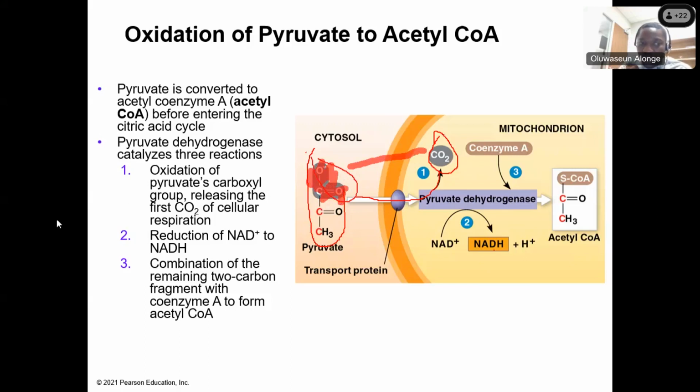Now, what is going to happen to this? This is what the citric acid cycle can contain. It can only contain a 2-carbon compound, not a big pyruvate. And the 2-carbon compound is called acetyl. But acetyl cannot travel by itself. Like I'm in the office now, I can't come here by myself.